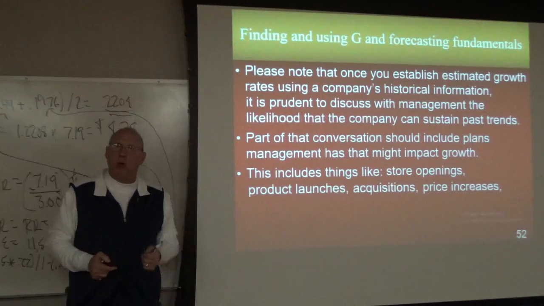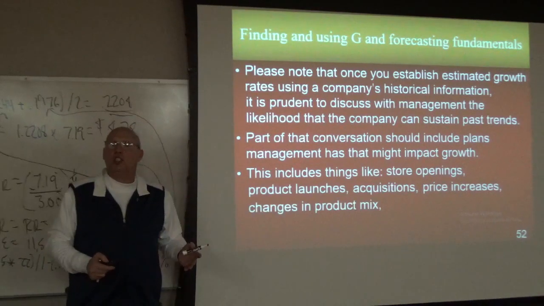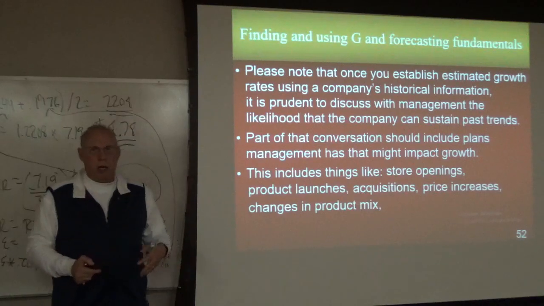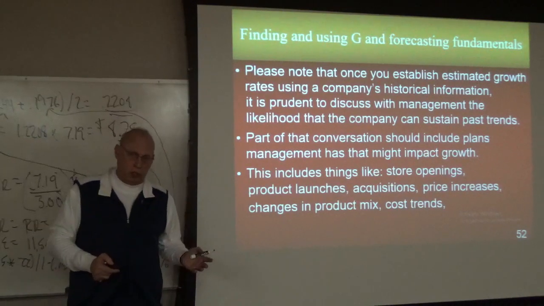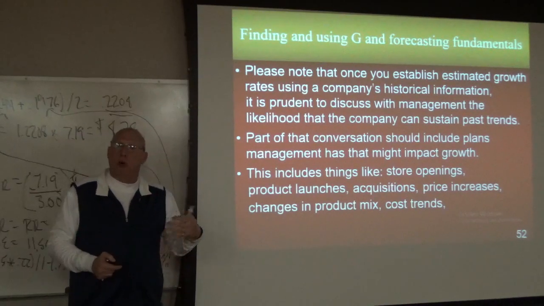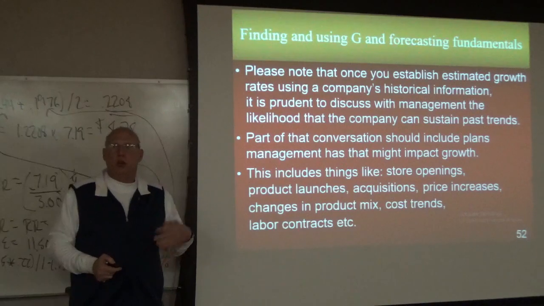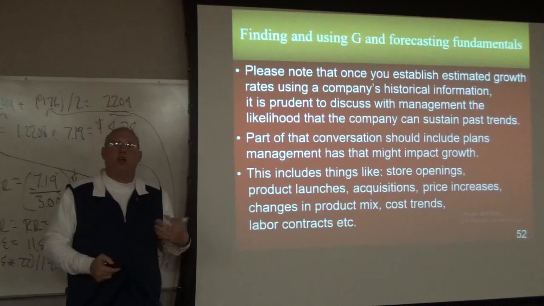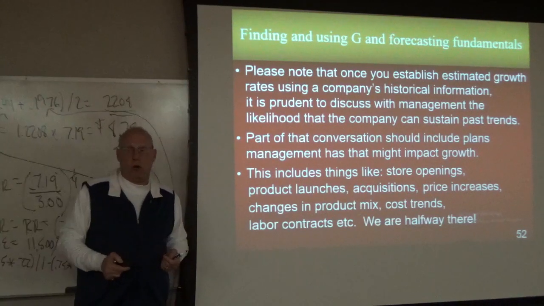Raising prices is one way to increase your sales number. Changes in your product mix will affect your profit margins. And then your cost trends: the items that cost you, your labor, your materials, your distribution. What do your cost trends look like going forward? Your labor contracts, as I just mentioned, are things that all impact growth, and you have to talk to management about these items before you make a forecast.